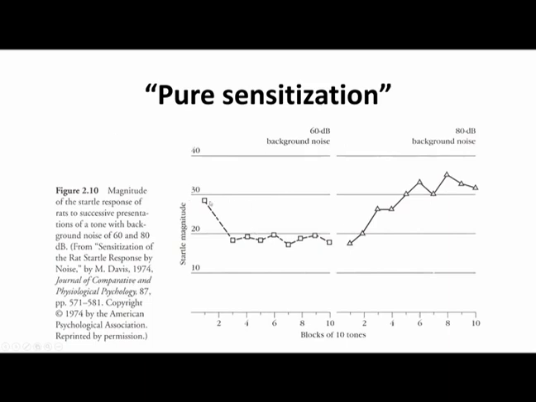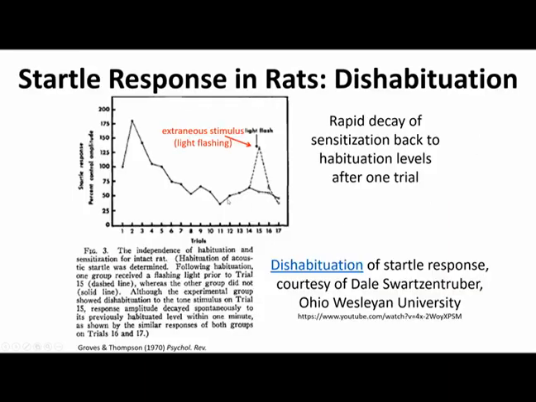We can start picking stuff apart by showing our responses to two different stimuli at the same time. So we have these rats, again, startle response by time, and the solid line being them habituating.